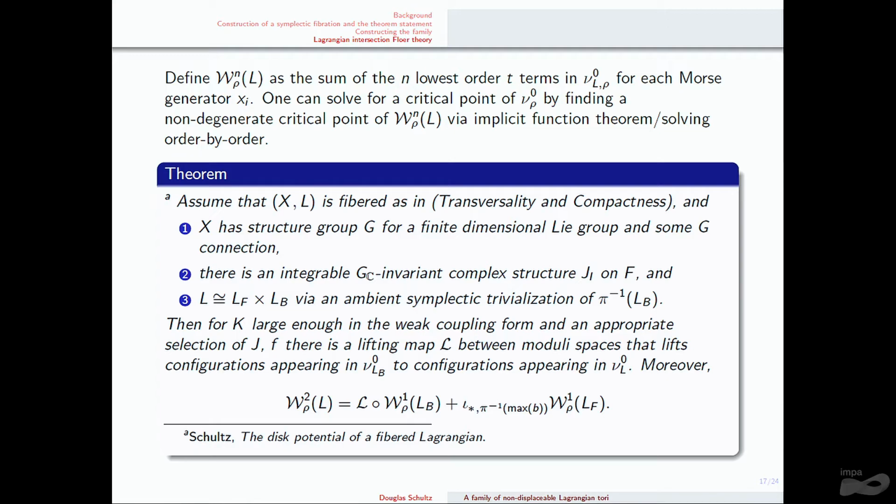So maybe I'll draw a picture. If you recall, you have a potential, or leading order potential, for the fiber Lagrangian sitting inside F. And I'm just thinking of configurations there, included into the maximum of the base Morse function.